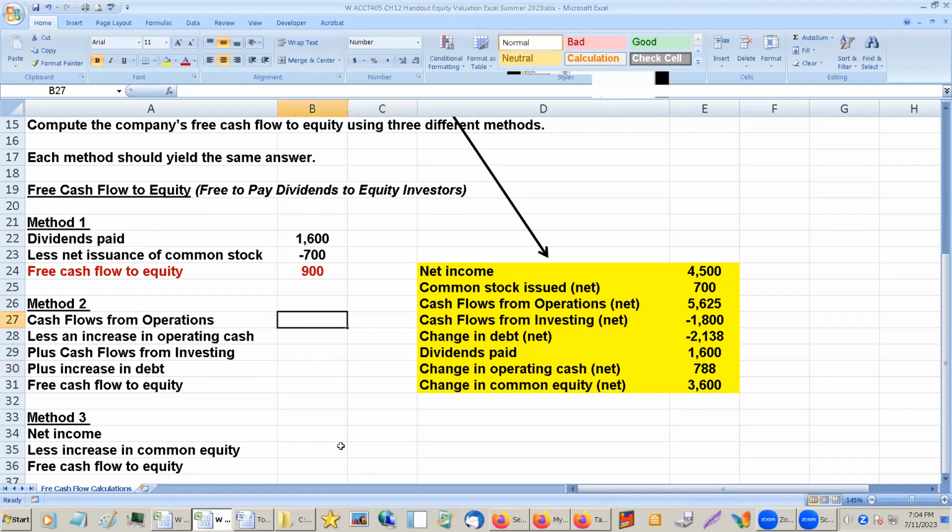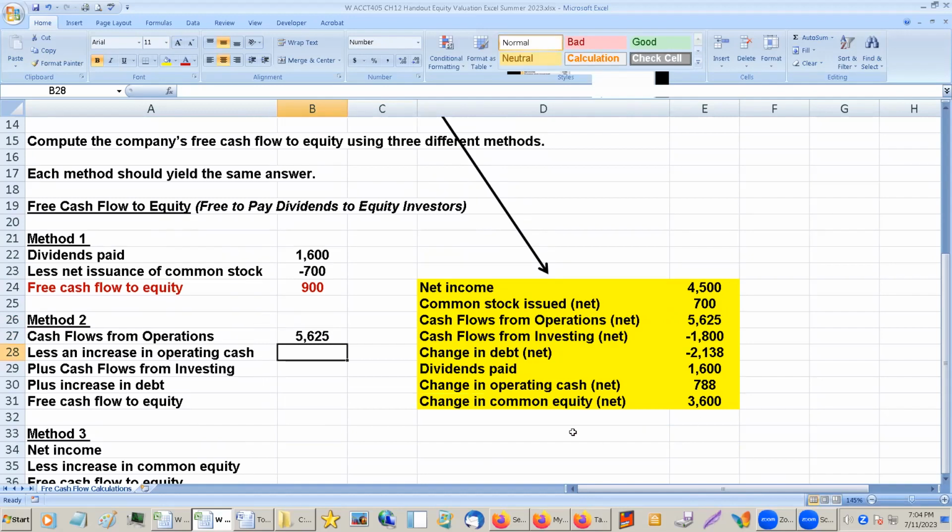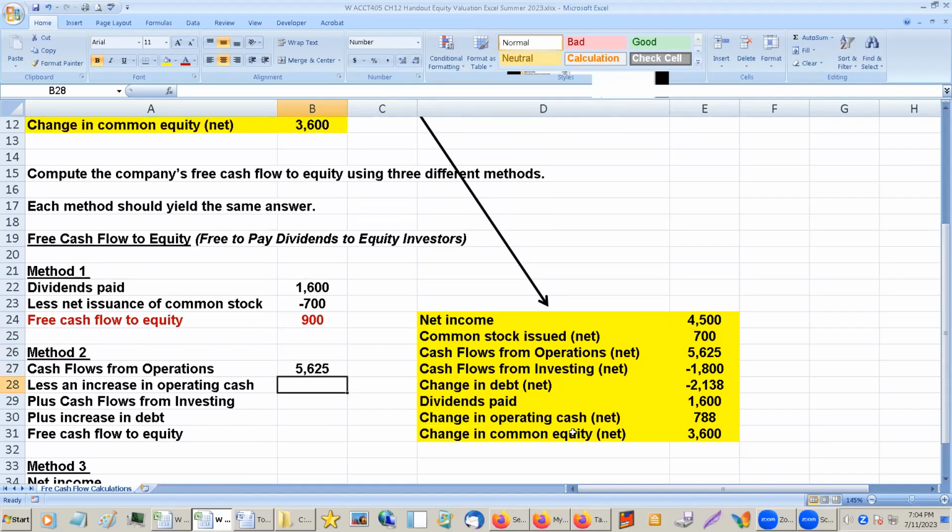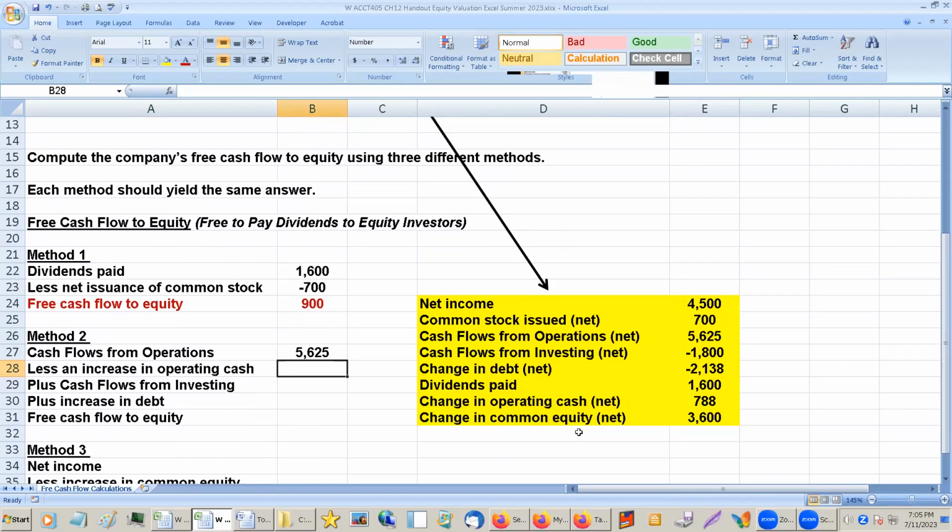Okay, cash flow from operations, less increase in operating cash flows, plus cash flows from investing.